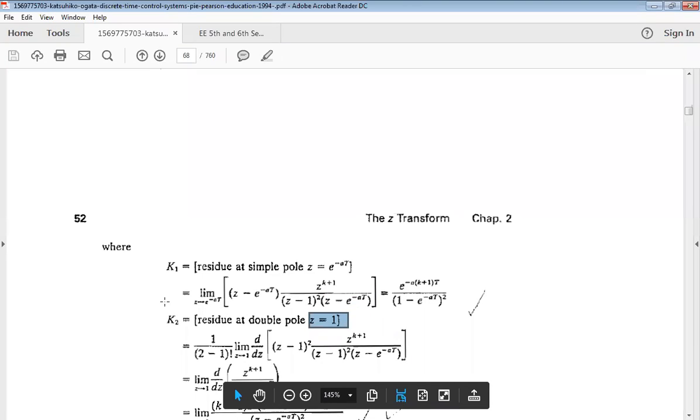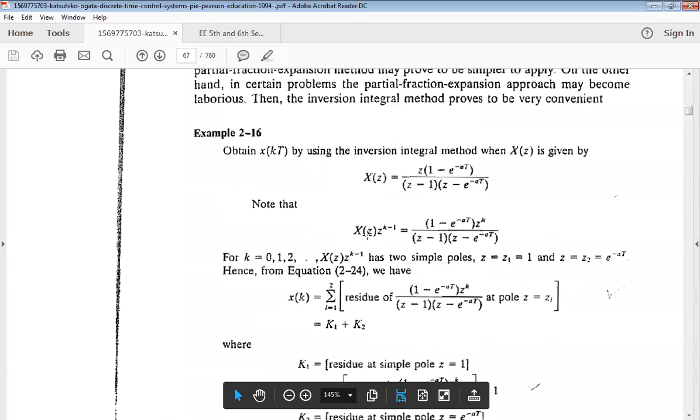But at z = 1, there is a double pole. That means if you want to find the residue for the pole z = 1, you have to use this formula.